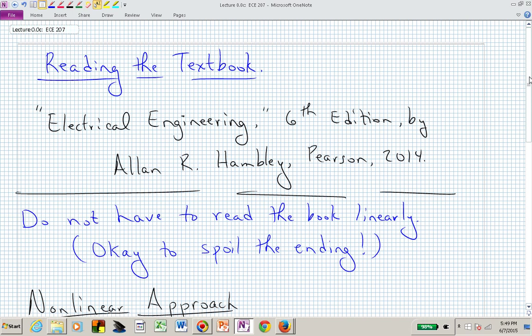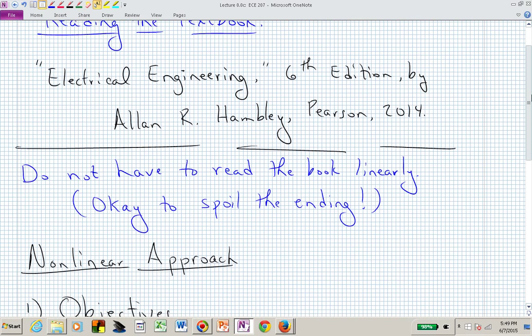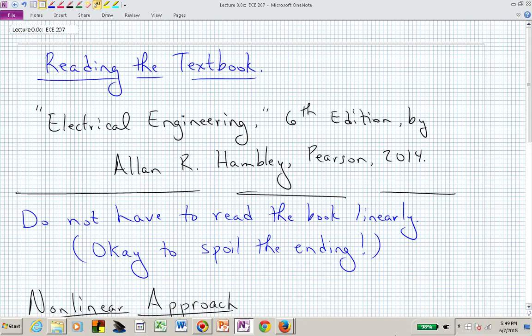The textbook is Electrical Engineering, Principles and Applications, the 6th edition by Hambly, published in 2014 by Pearson.